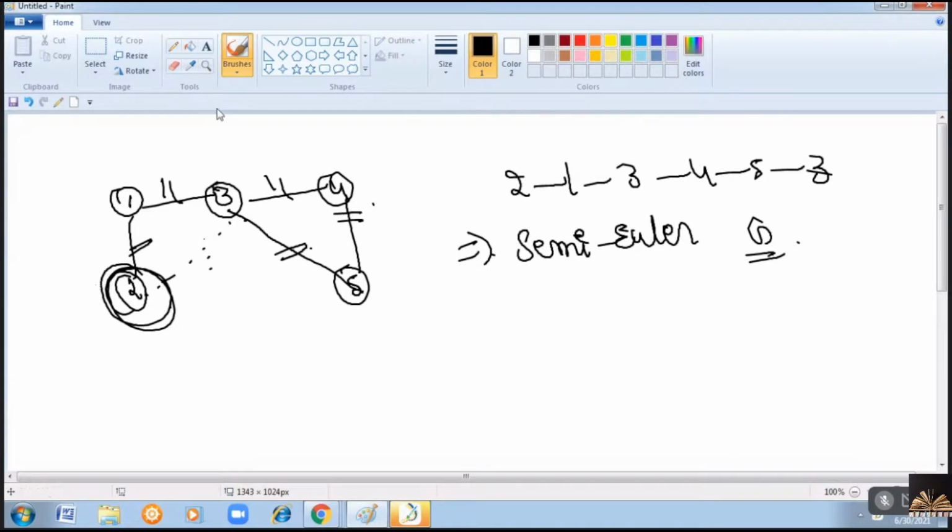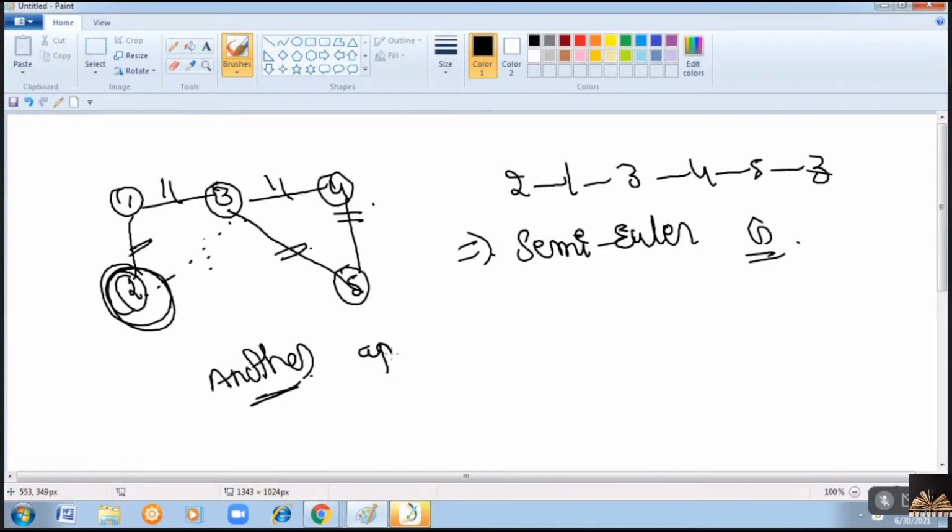So in the previous case, to know whether there exists an Euler circuit or not, without checking all the possibilities, we just calculated the degrees of the vertices. If all the vertices have even degree, then it is an Euler graph. But in the same way, you can decide whether the graph is semi-Euler or not. Right? So what is the condition to be satisfied?